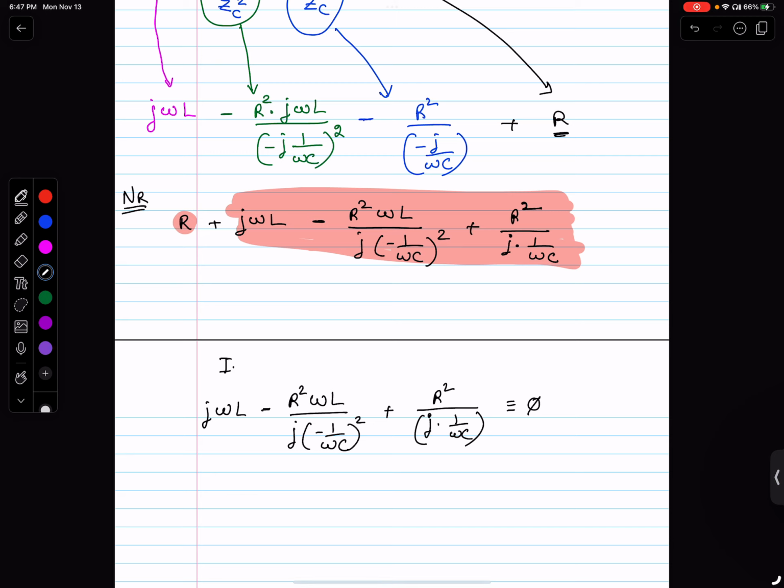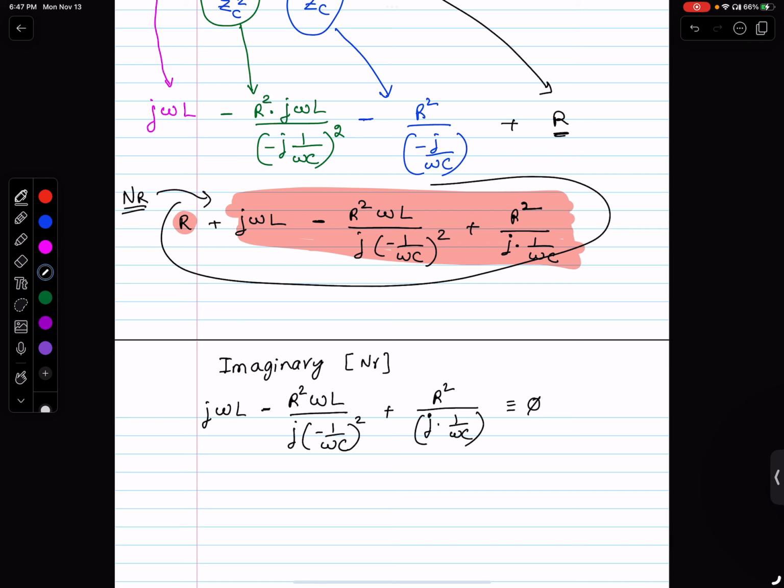The imaginary part of the numerator, where the numerator is all of this, the imaginary part is equated to 0. That's all I have done here.